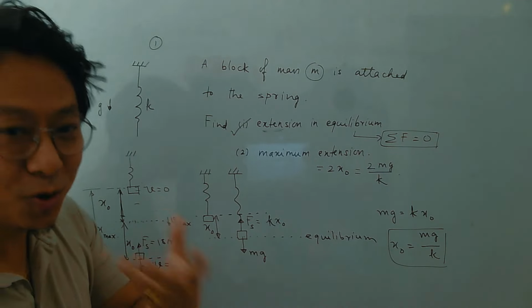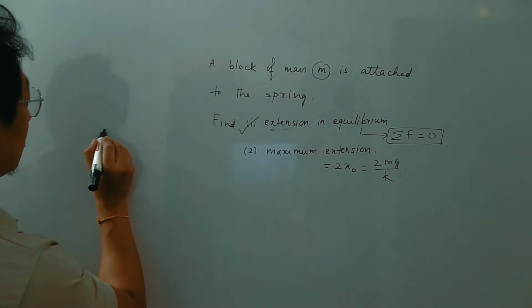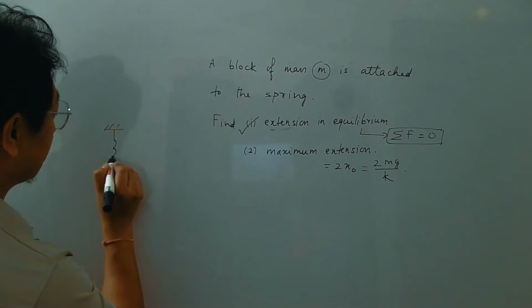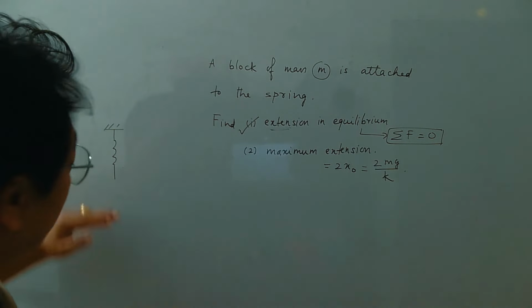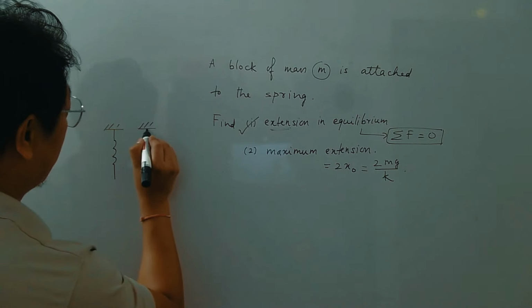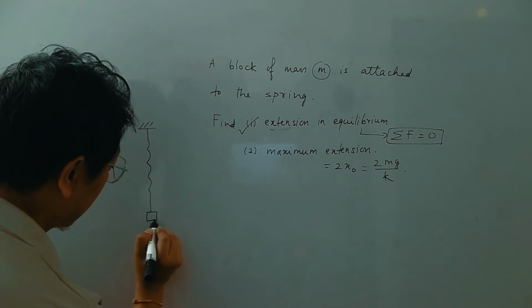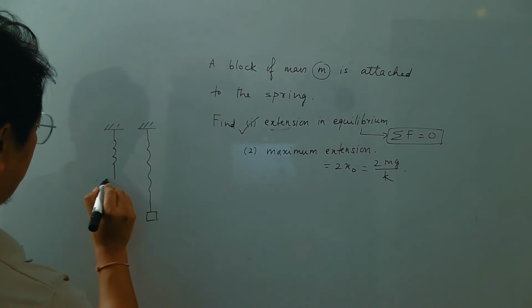Otherwise, I will try to show you the same answer using the work energy theorem. So if this is your spring, when it is not connected to any block, and then when you connect a block, it will stretch, and let's say it has come up to here. Up to here means what?